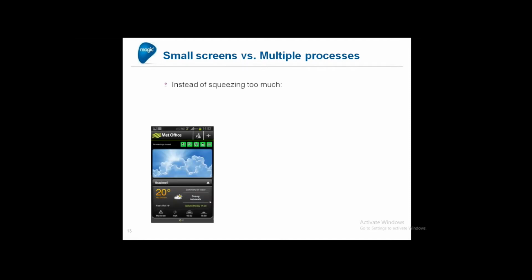If you have a lot of processes that you want to display, sometimes you might not want to squeeze too much information on one screen. Again, this will be a very hard choice and depends on the usage, and you will definitely need the designers involved in this.